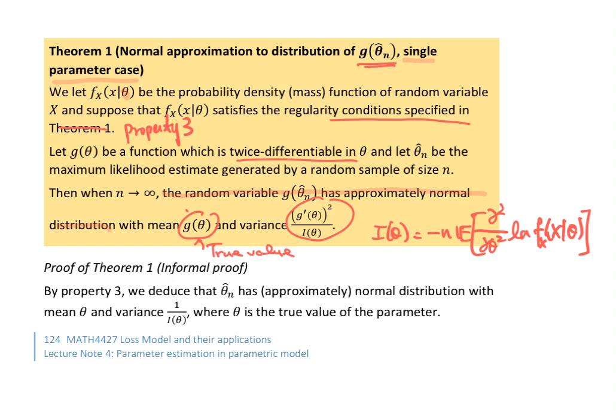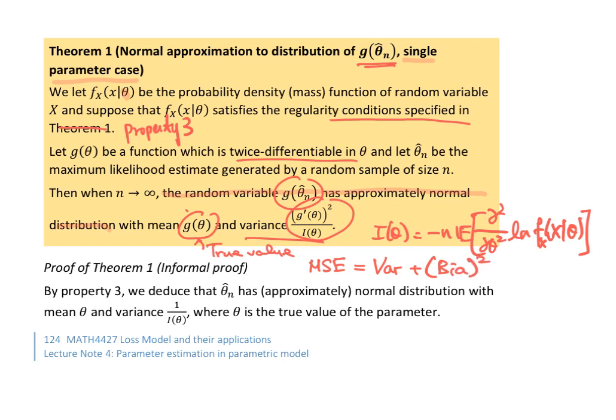So this theorem tells you the distribution of this estimator, which is normal, and it also tells you the variance. Given this variance, of course you can also talk about the mean square error of your estimator. Remember this will be equal to the variance plus the square of the bias.